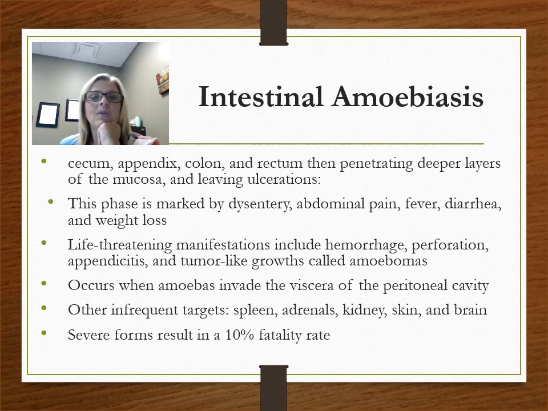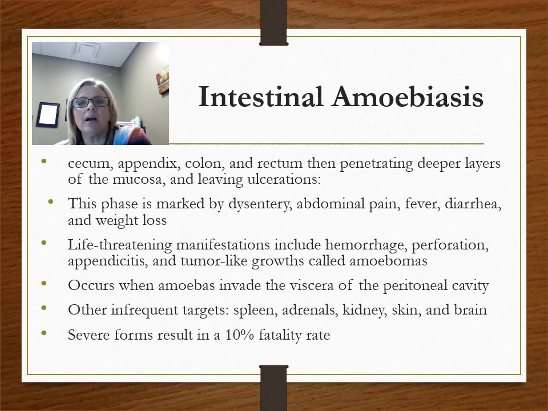It's going to secrete enzymes that actually dissolve tissues, and that allows it to penetrate deeper layers of the mucosa and leave some underlying ulcerations. Okay, and so this is going to have symptoms of dysentery, abdominal pain, fever, diarrhea, weight loss. You can have a life-threatening presentation if you have hemorrhage and perforation, appendicitis, or even a tumor-like growth from this.